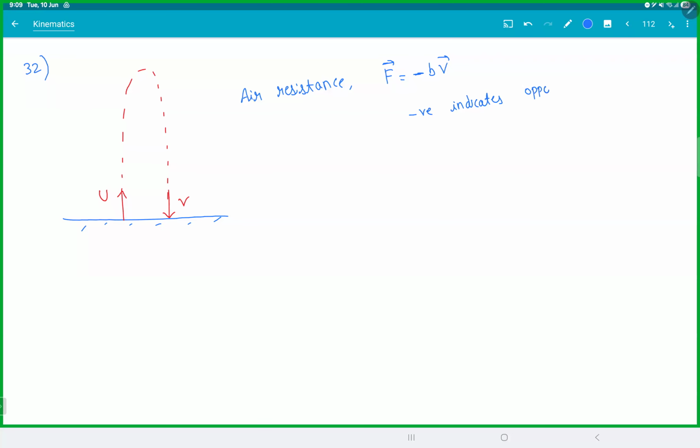So while you're going up, the force is down. When you're coming down, force is up. B is a constant. Other than this, you also have your gravity. So the particle is projected with u and it comes back with v. Find time of flight.